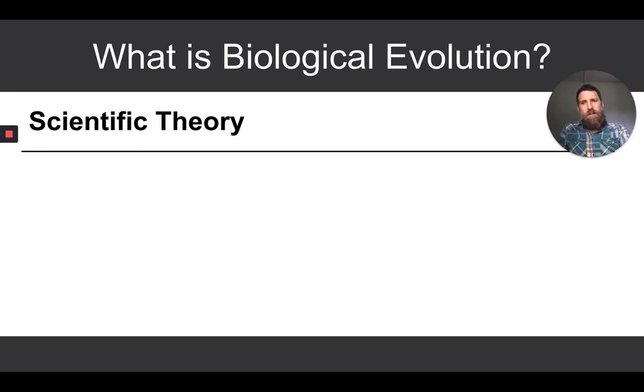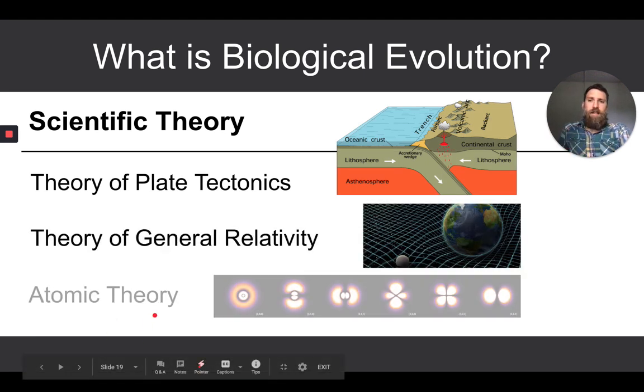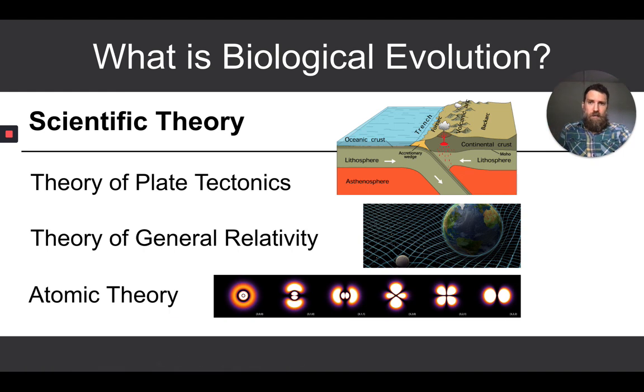Some common scientific theories are the theory of plate tectonics, theory of general relativity, atomic theory, theories that have accumulated lots of support and are recognized and accepted as how the world works. The theory of biological evolution by natural selection is in the same camp as these theories. In fact, it is the single most important theory in biology. Nothing in biology makes sense without the theory of evolution.